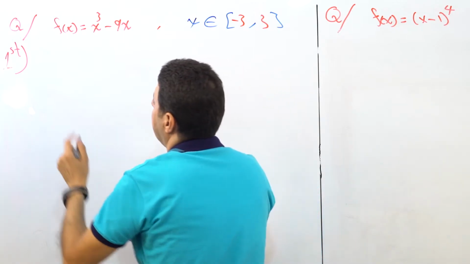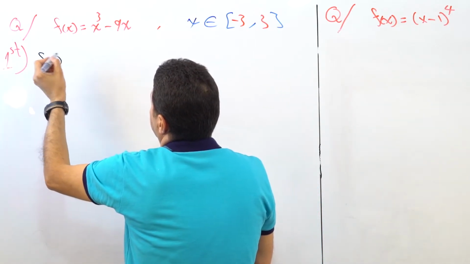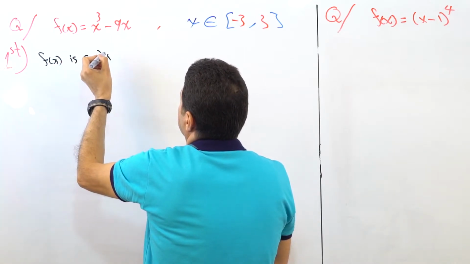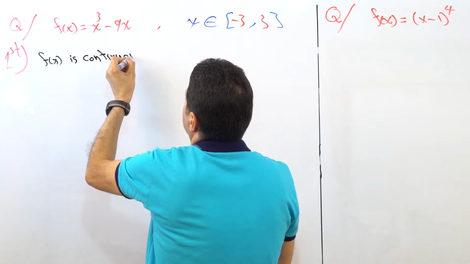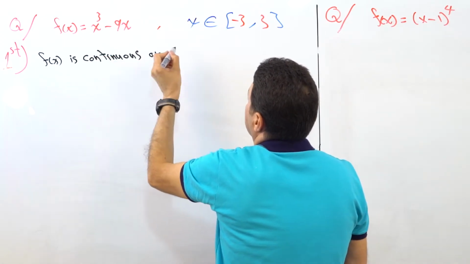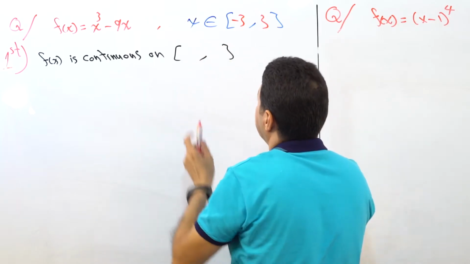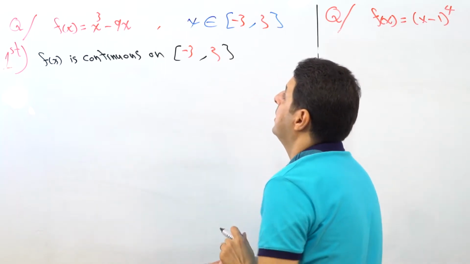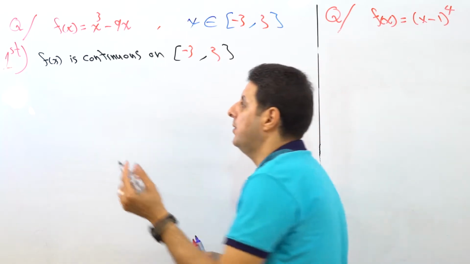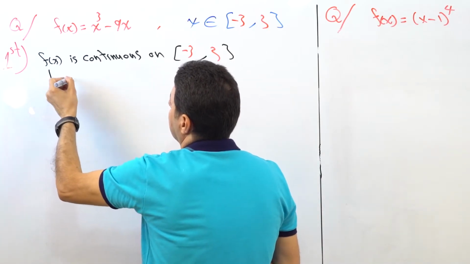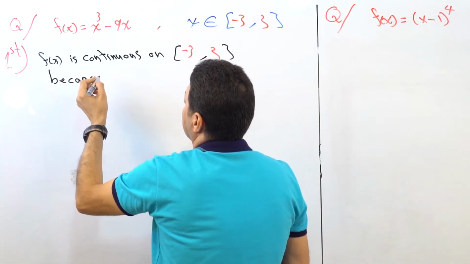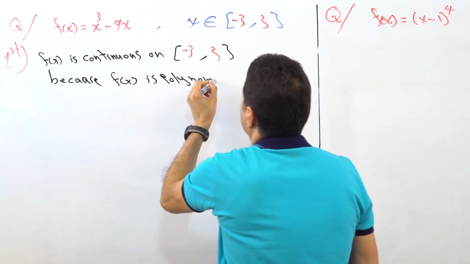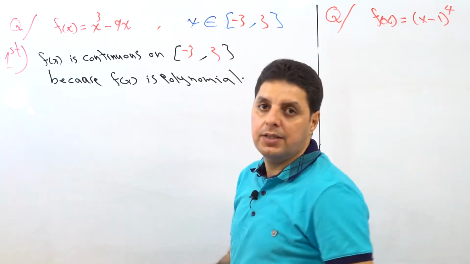Then f of X is continuous on close interval negative 3, 3. الدالة مستمرة على الفترة المغلقة negative 3, 3. السبب لأنها كثيرة الحدود because f of X is polynomial لأن الدالة كثيرة الحدود.